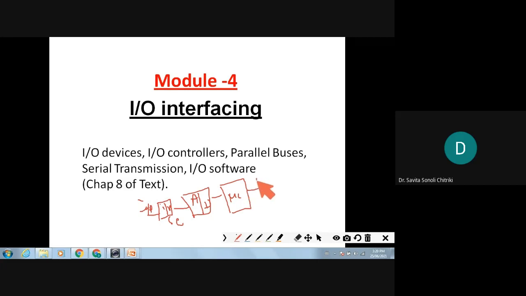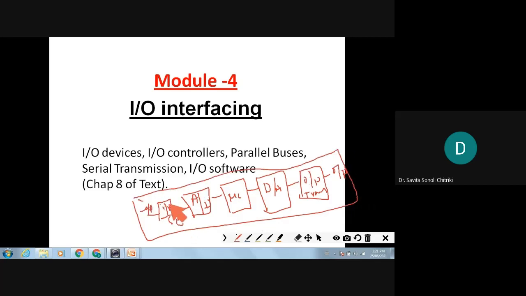Then you have the D to A converter, and finally the analog output is given to the output transducers. You can just take a screenshot of this. This is very important. So this is the basic diagram of a controller.